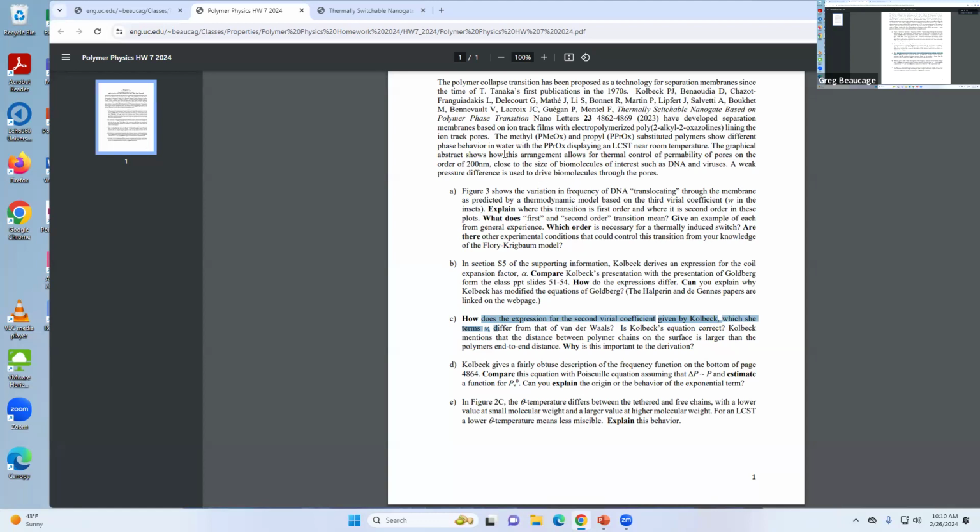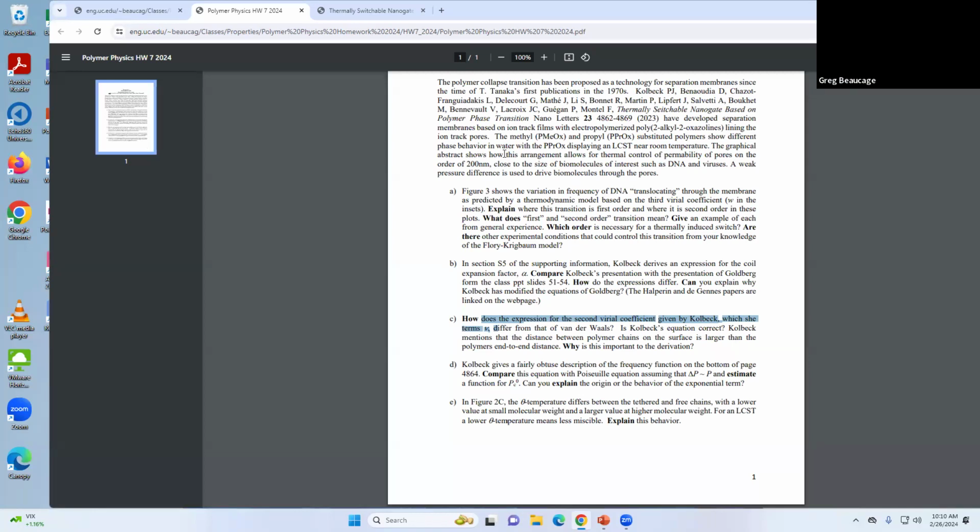Okay, so the van der Waals here. I think to me there's an error in the paper. So B2 for van der Waals is B minus A over T, and this is the excluded volume.